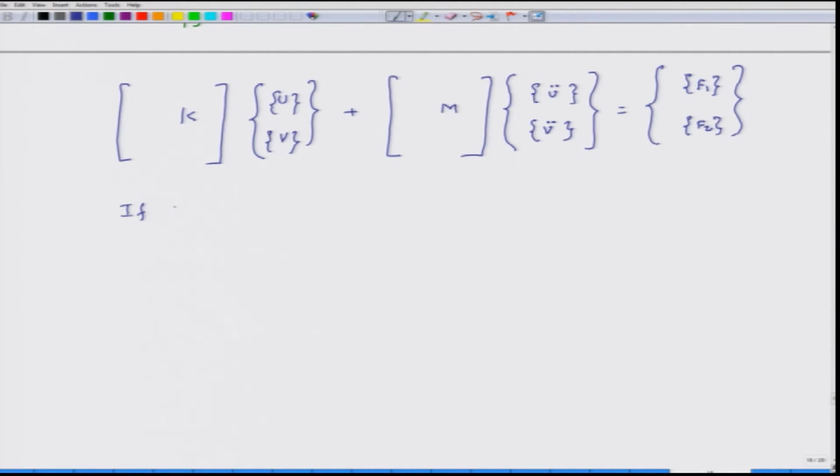if the problem is static, which means u double dot and v double dot are 0, then I do not have to worry about these terms.